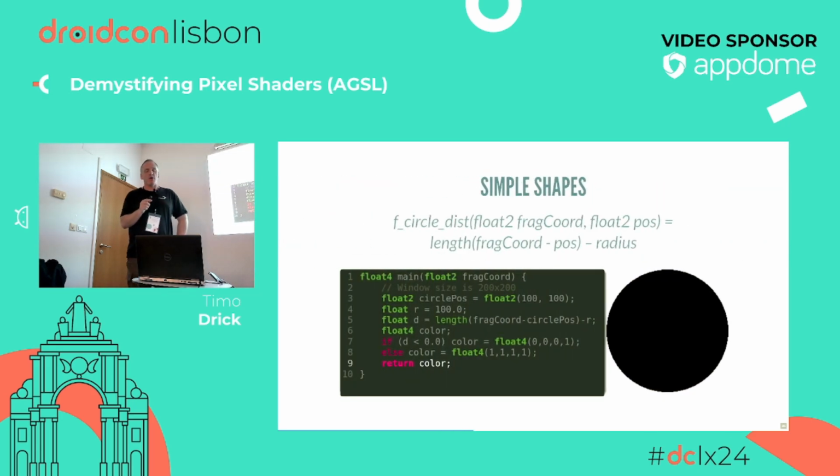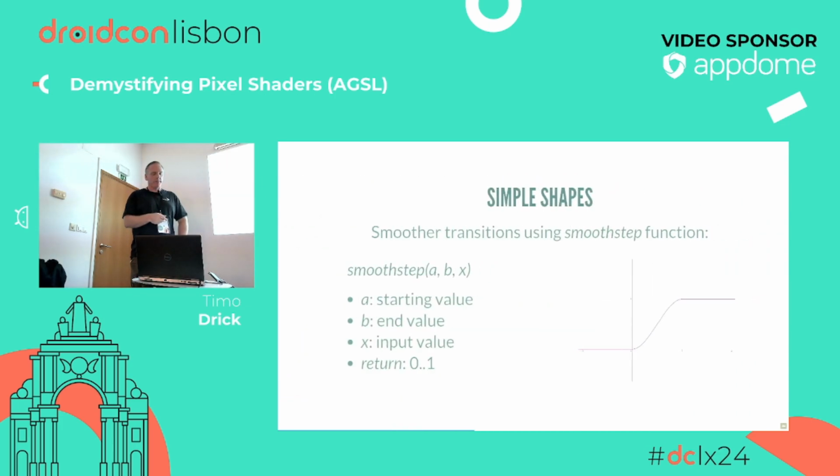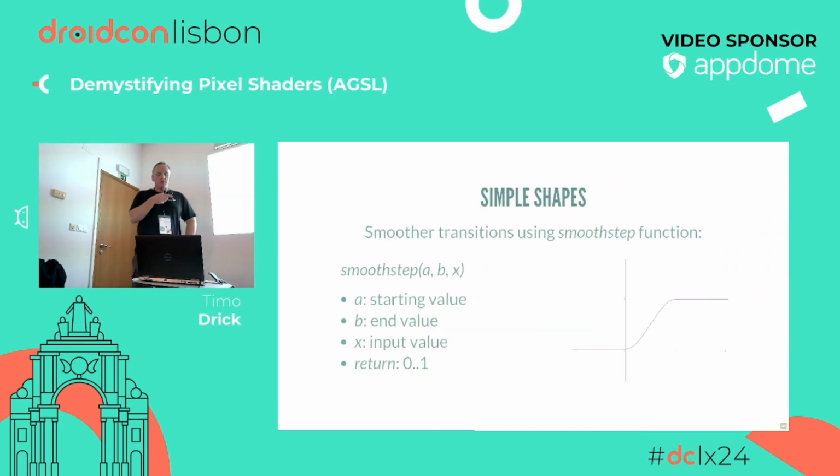Maybe one thing you notice here, the edges of the circle are very pixelated. It's not an error from my slides, or a bad resolution here. It's because of this function. And to get rid of the pixelated edges, we can use a smooth step function.